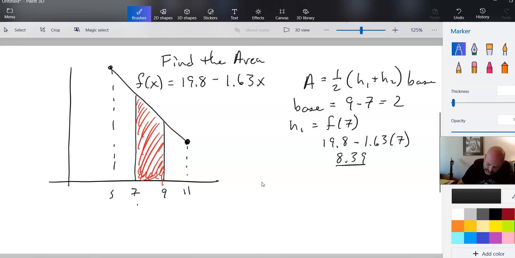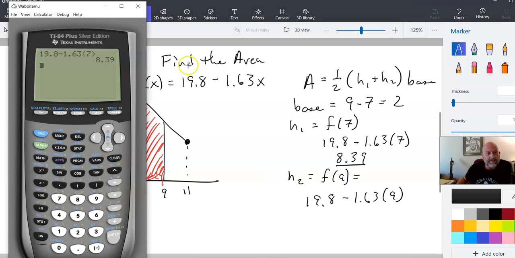Okay, so that's H1. Now we need H2, which is going to be f of x2, which is f of 9. And f of 9 is going to be 19.8 minus 1.63 times 9. So we'll go ahead and work on that now.